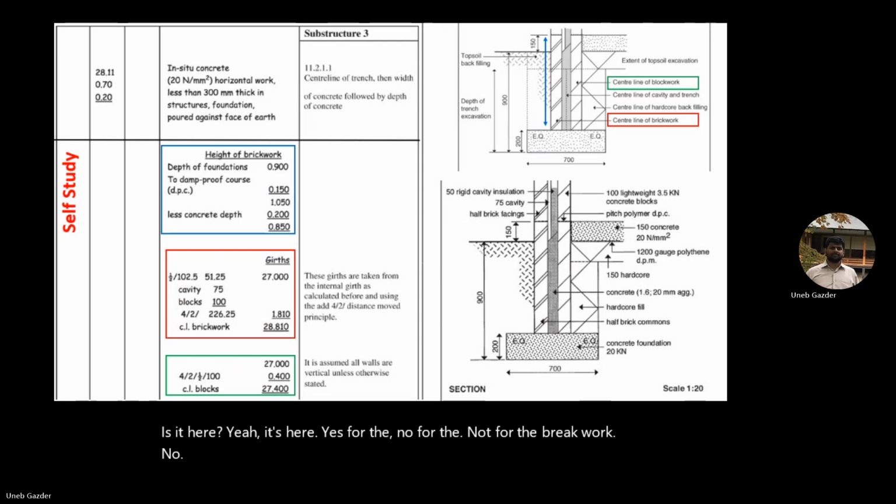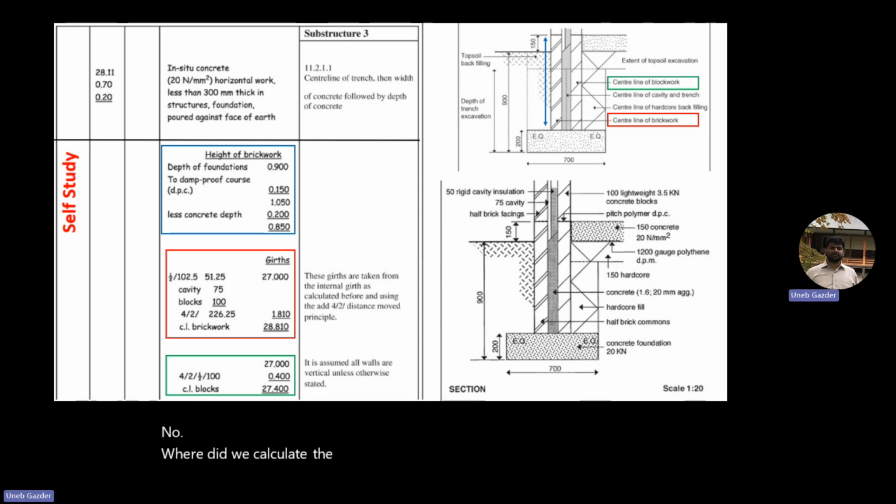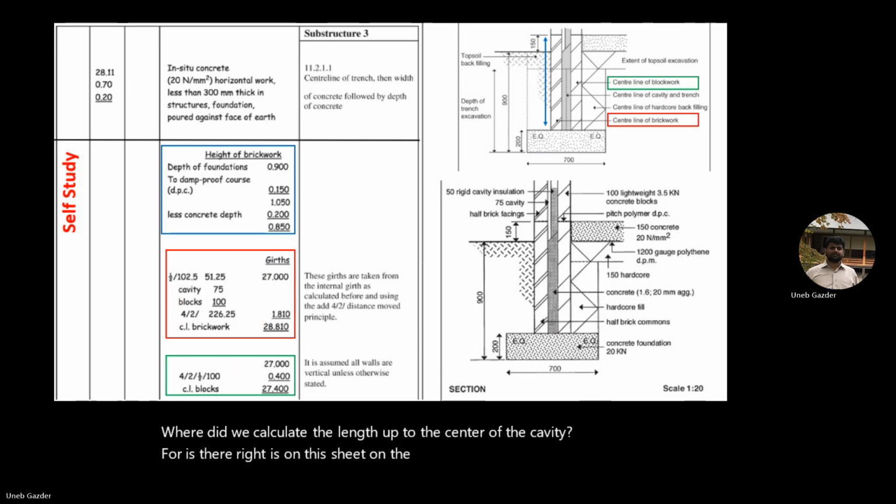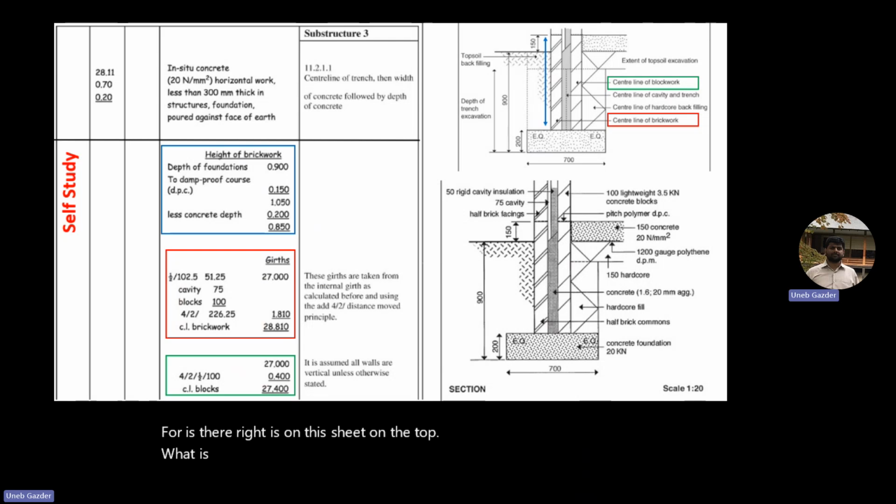It's on this sheet, on the top. 28.1 is that one, right? On the top. So why did we calculate 28.11? For what? Concrete of foundation. Okay, concrete of foundation.